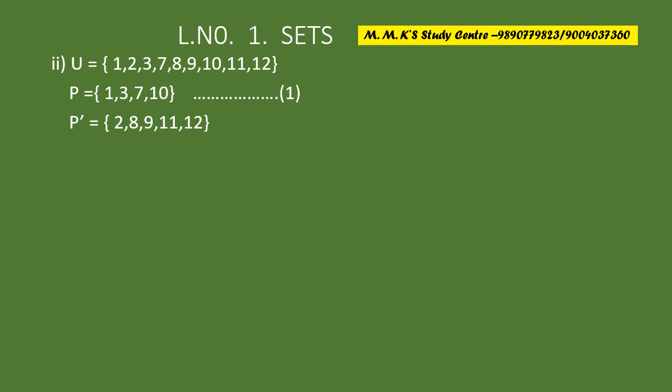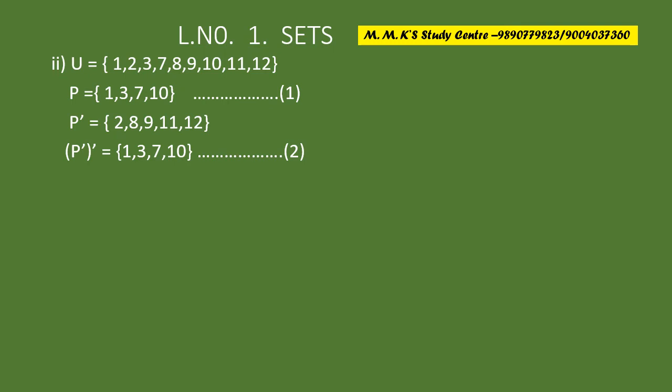So what will remain then? 1, 3, 7, and 10 will remain. So here the complement of P complement is 1, 3, 7, 10. So observe equations 1 and 2.